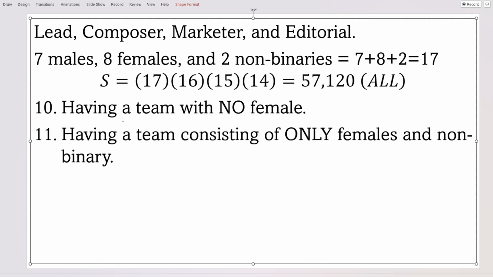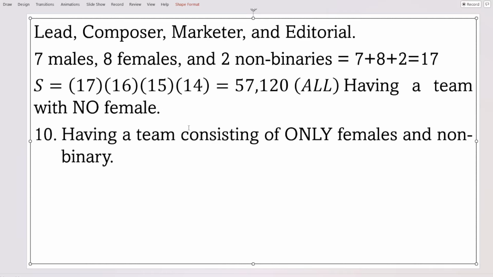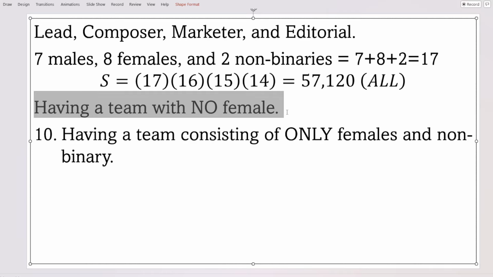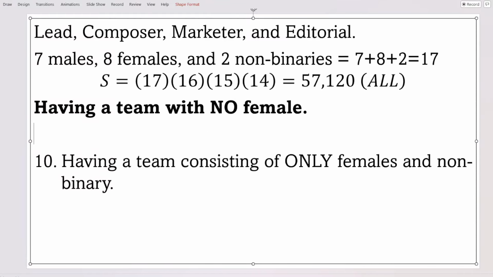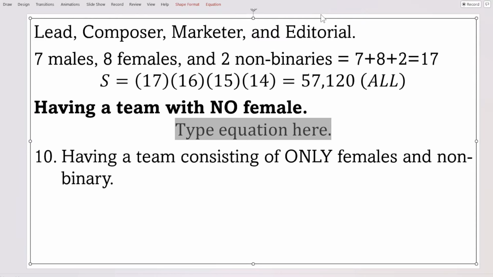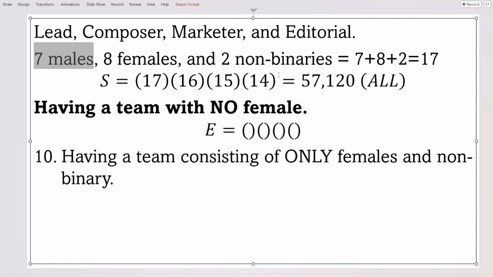The next item, we have a team that is composed of no female on the team. So for this case, we have no female. That means we are going to look only at the males and the non-binaries.